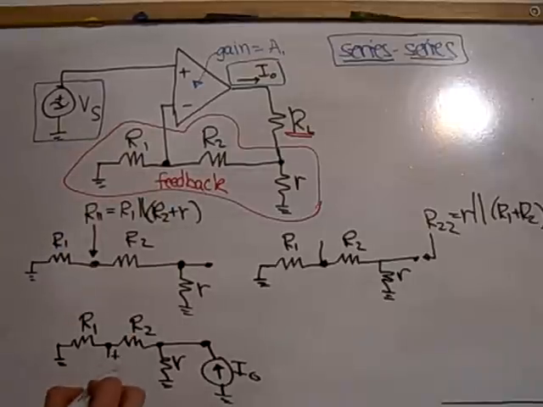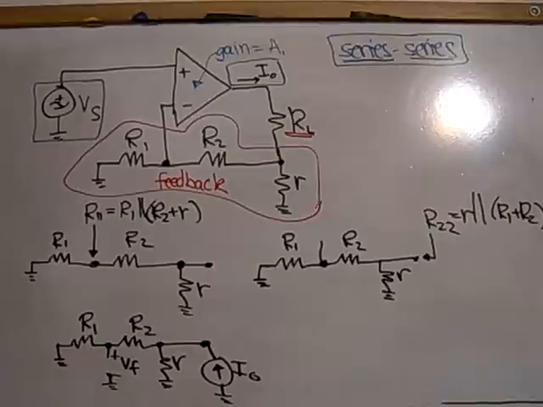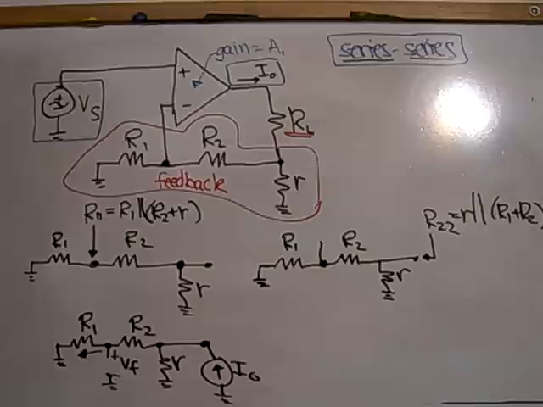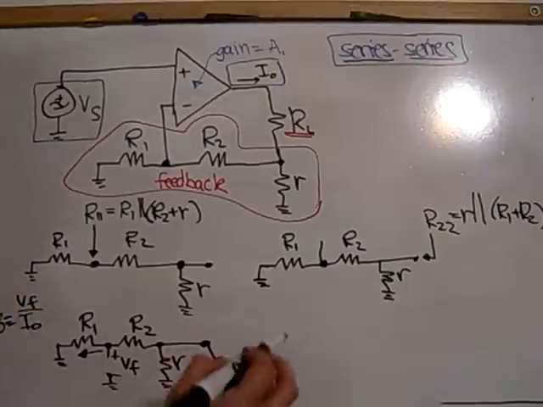So at the location where it connects in, I'm going to find that value for VF. So I see that I have a current divider here. If I find the current going here, I can say that VF is equal to R1. For beta, I want to find VF over I naught, is the quantity that I want to find.